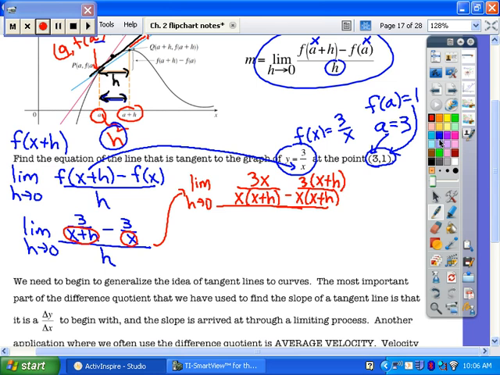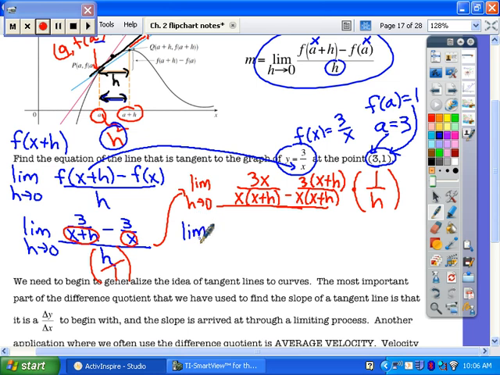Now we are dividing by an h, or h over 1. That's the same as if I multiplied it by what? 1 over h. Okay? And that's what you'll usually do when you're taking the limit in this fashion. So now I go to my next step.